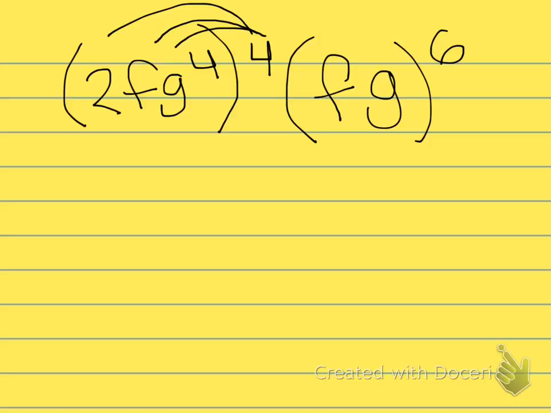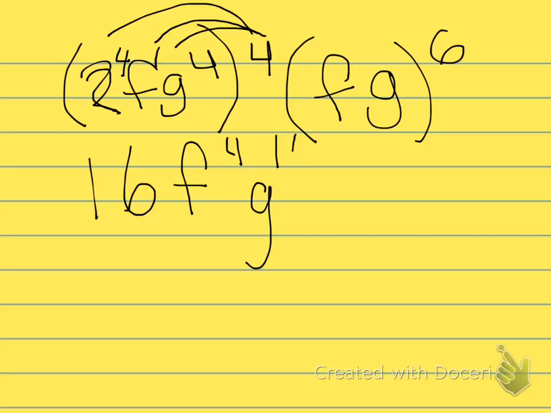So you want to do 2 to the 4th power, which is 16, and then distribute the 4 to the f, and there's actually a 1 there, so you multiply the exponent times the exponent, so it'd be f to the 4th power, and then g, you do the same thing, you multiply the exponents, so it'd be g to the 16th power.